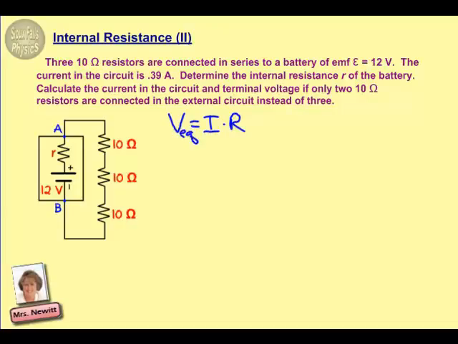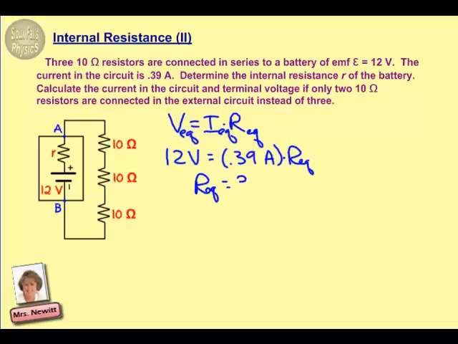So we have equivalent amounts for the entire circuit. 12 volts is the EMF of the battery. 0.39 amps is the current that has been measured. And if we work out the algebra, we find an equivalent resistance of 30.77 ohms.